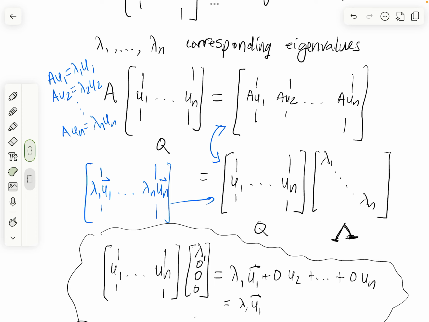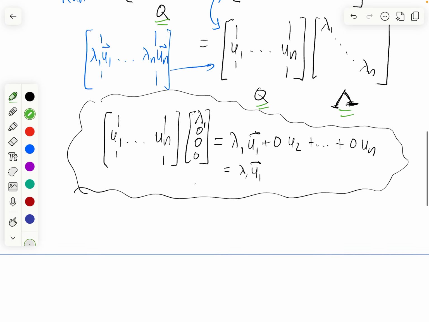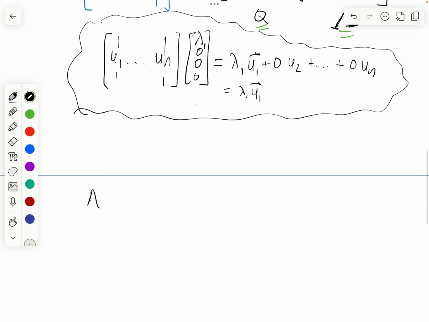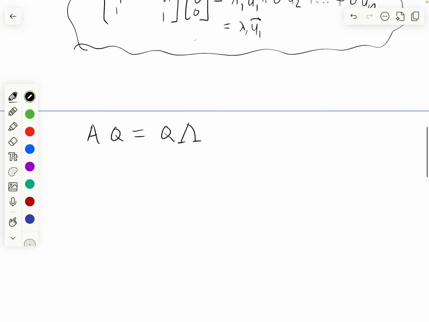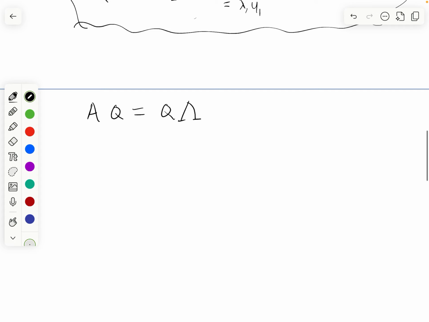So now let's write down what we have. We have this matrix A times this matrix Q equals Q times lambda. So A times Q equals Q times lambda. Can we solve for A by itself? What can we do to get A by itself?